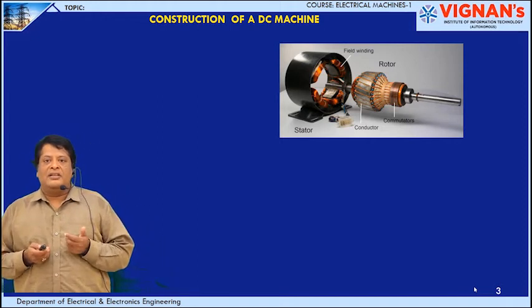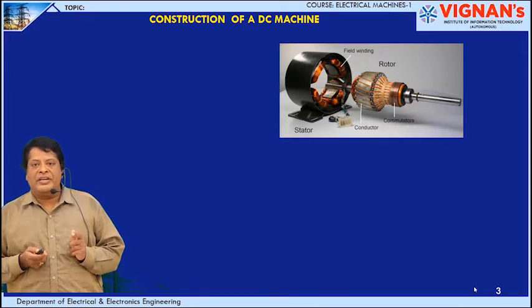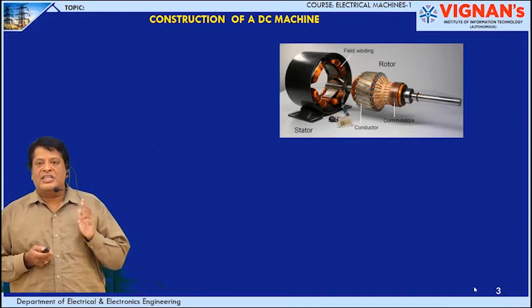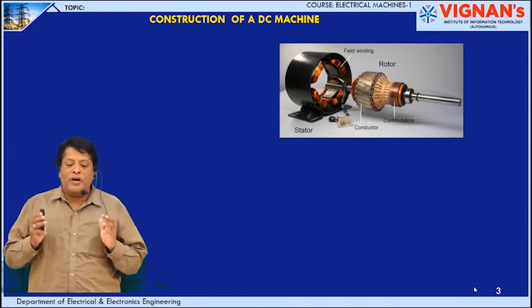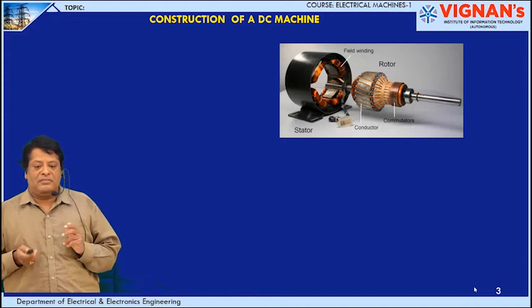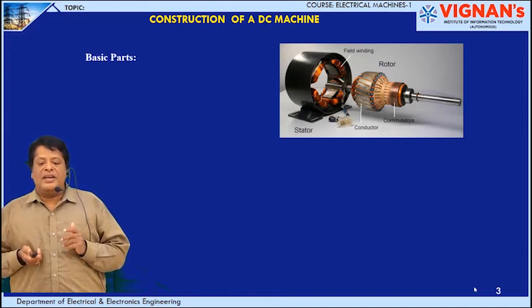Not only the DC machine, in any machine there are two parts. One is the stator, another one is the rotor. The stator is the part which is stationary. The rotor is the part which is rotating in nature.